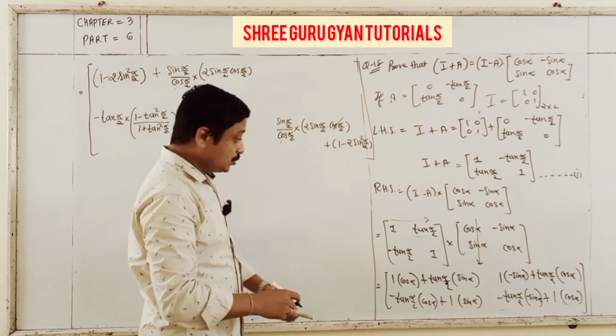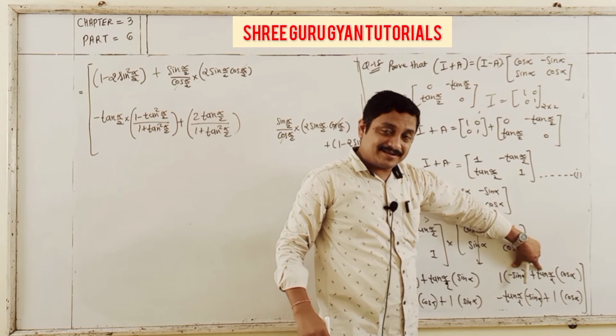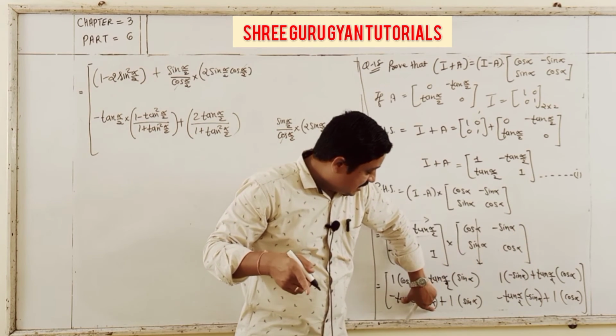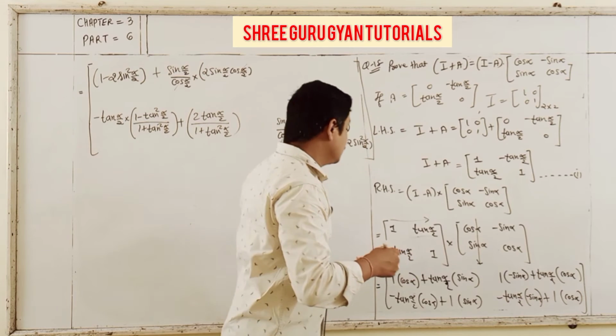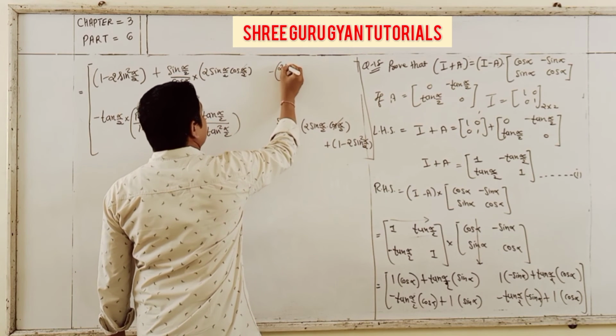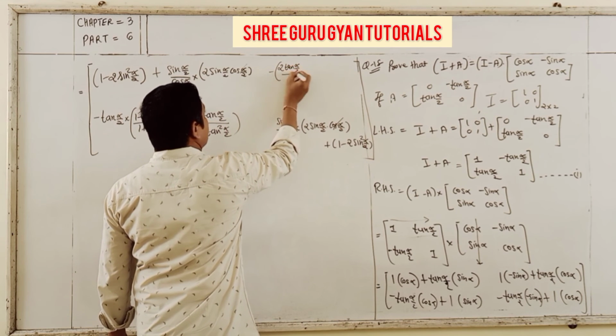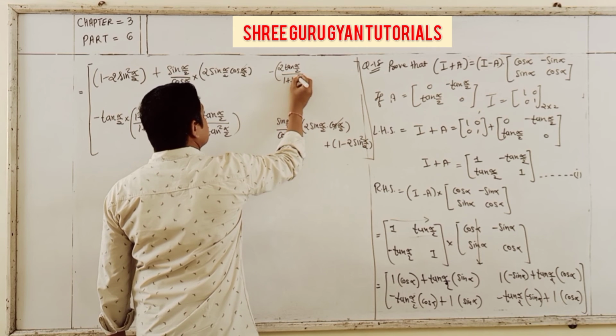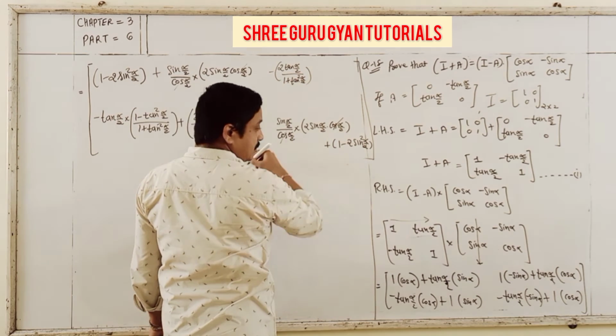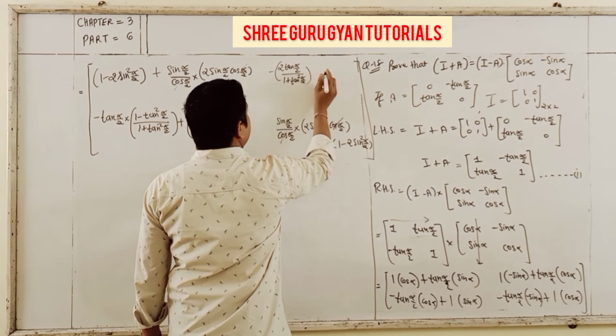Now I go into this part again. Similarly, these are the same. So minus tan, sin, so 2 tan alpha by 2 upon 1 plus tan square alpha by 2 plus tan alpha by 2 same.